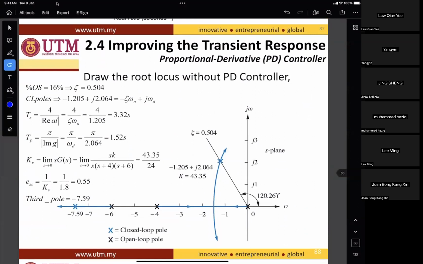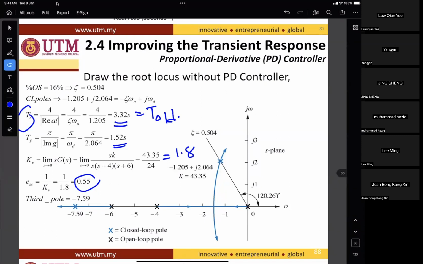Ts is 4 divided by zeta omega n, which is 3.32 seconds. So this is the old Ts. And peak time is 1.52. The KB here is 1.8, and 1 over 1.8, so the steady state error is 0.55.